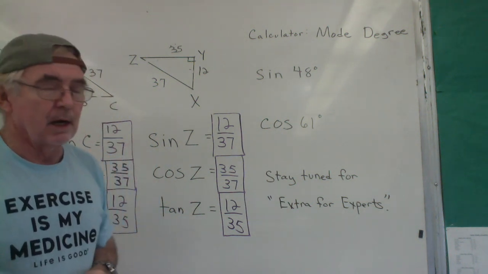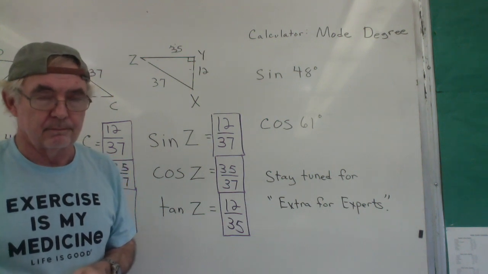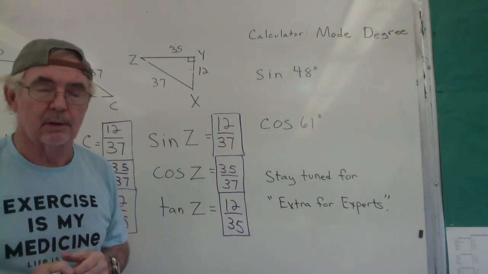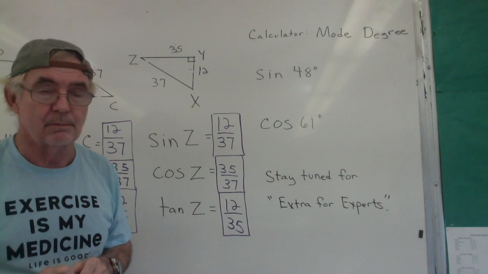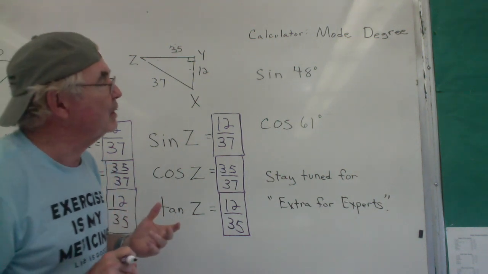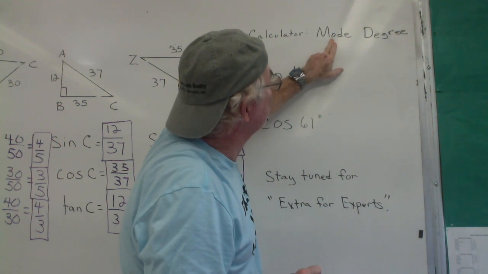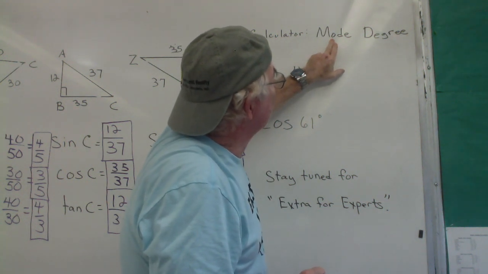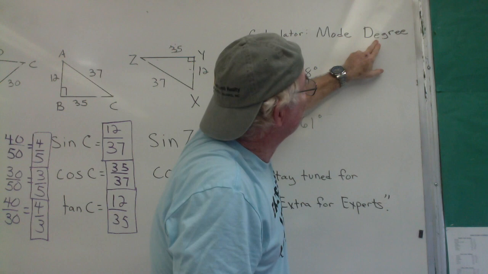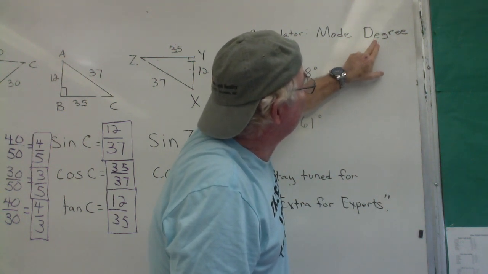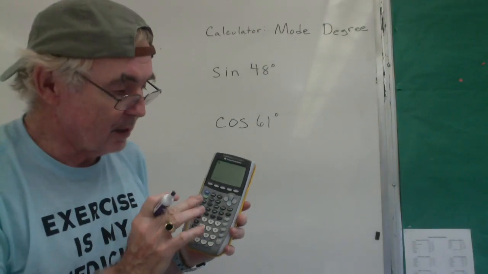By default, calculators go on radian mode, so if you don't change the mode to degrees, you're going to make mistakes. The first thing you need to do is go to the word mode on your calculator and switch it to the word degree.